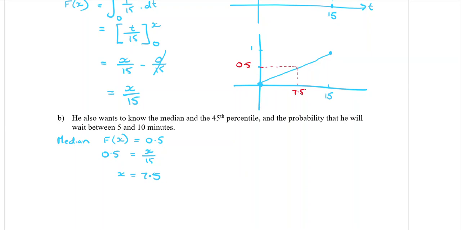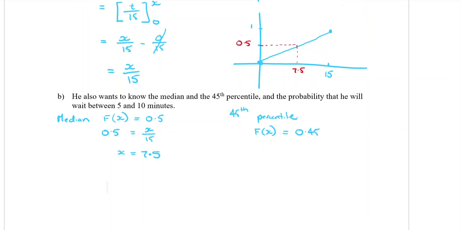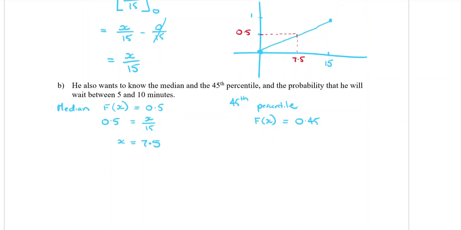Now I have to find the next thing, which was the 45th percentile. That means that's a probability of 0.45. Okay, percentage out of 100. So as a decimal, that's 0.45. So 45th percentile means that the cumulative f of x is going to be equal to 0.45. Okay, let's do what I did last time.